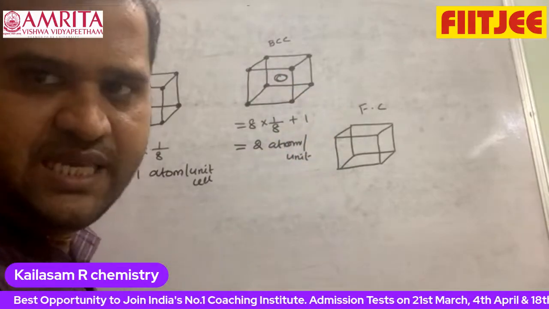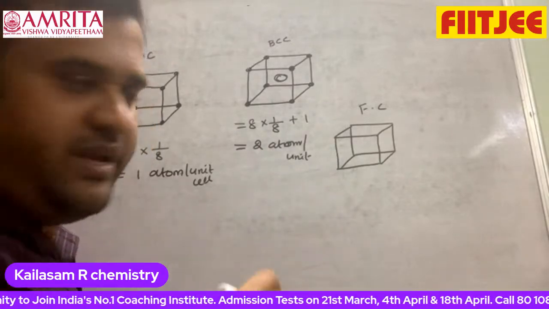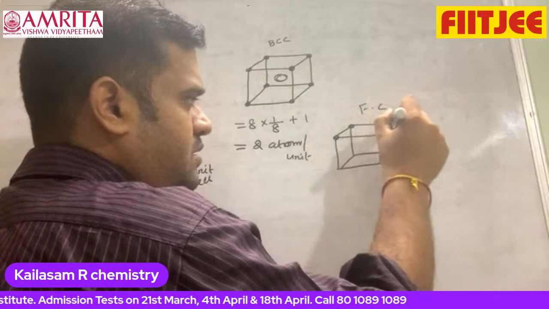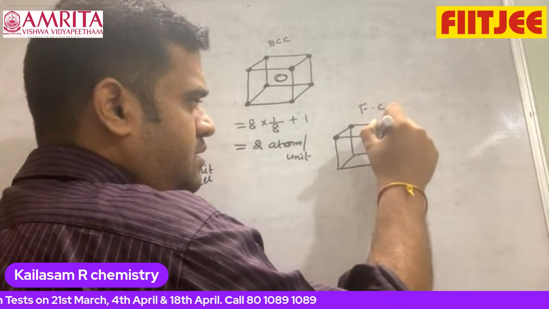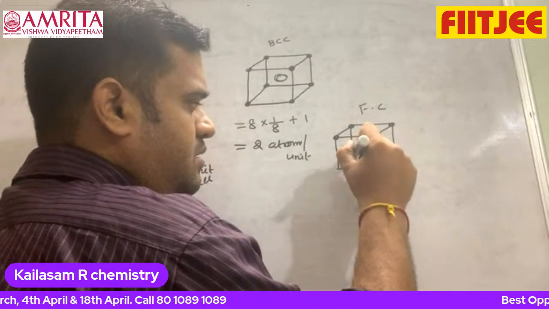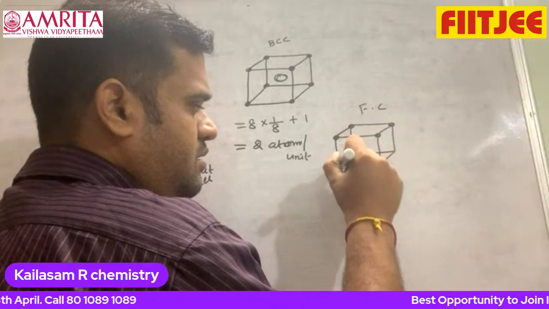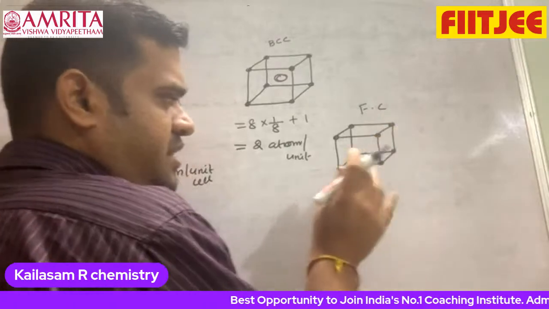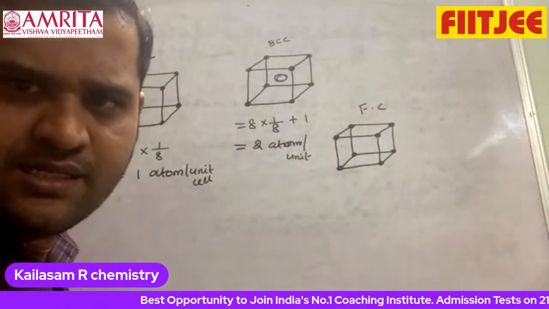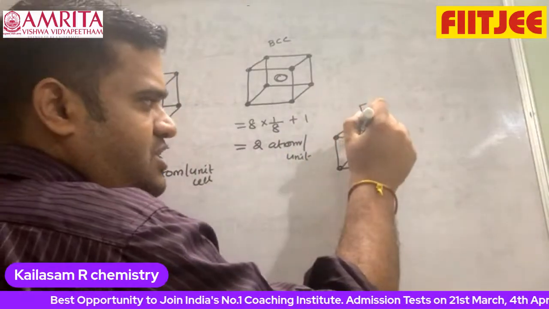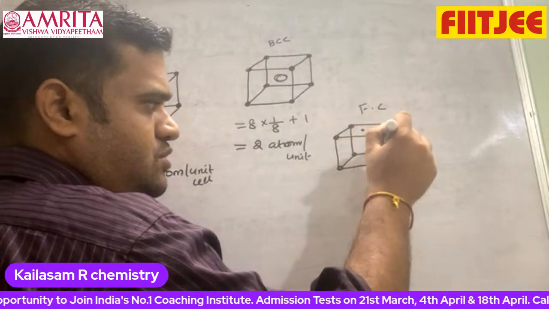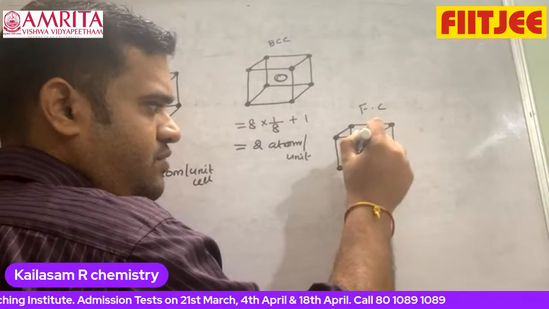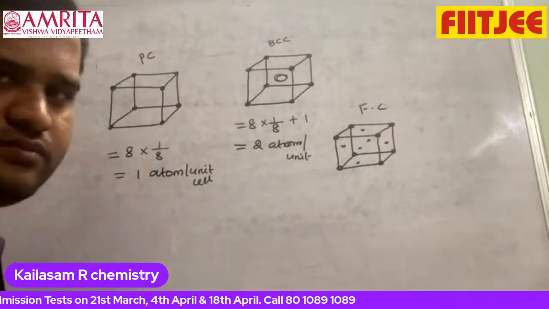What about FCC? Face center cubic means that the atoms are not only occupying corners, they are going to occupy each face. 1, 2, 3, 4, 5, 6.